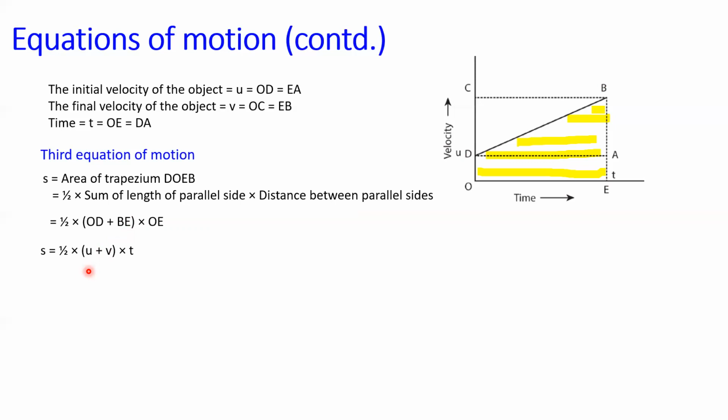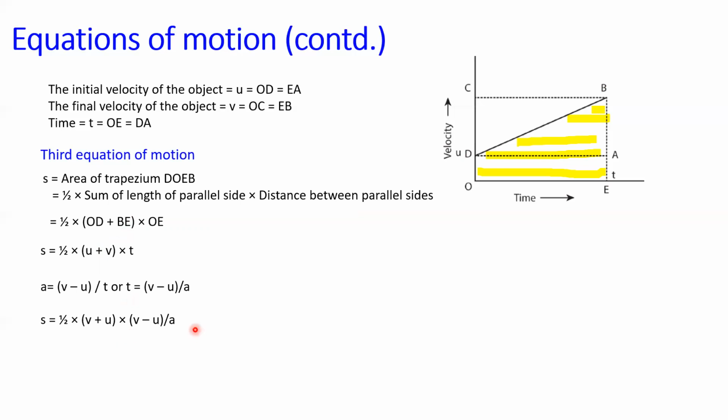Then we are going to replace t from the first acceleration equation, where a is equal to v minus u by t. So t can be given by v minus u by a. So s is equal to half v plus u into v minus u by a.